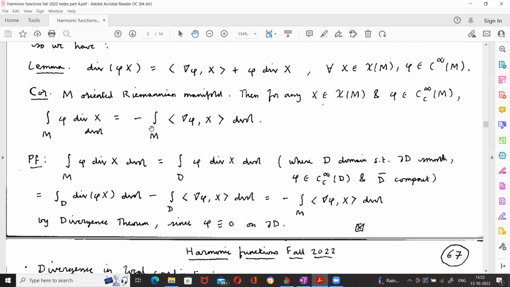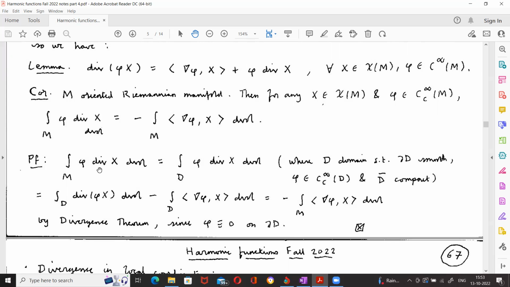So this formula you should think of as an integration by parts formula. In Rn, if M is equal to Rn and you take the usual definition of the divergence, you can just prove this by integrating by parts. Do you see that? Okay, in Rn, this is just integration by parts. So anyway, in a manifold, this formula is true too.